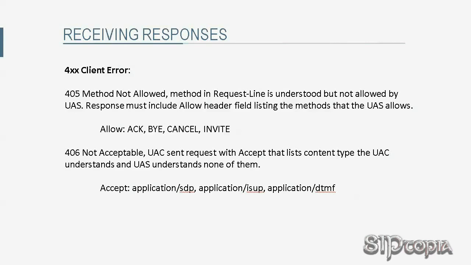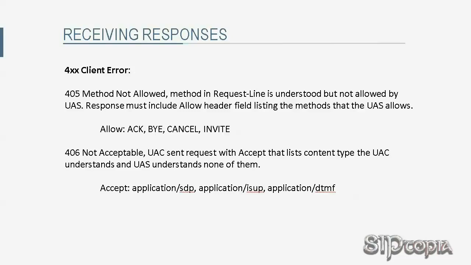406 Not Acceptable. This means the user agent client sent a request with an Accept header field that lists the content types the user agent client understands, and the user agent server understands none of them.